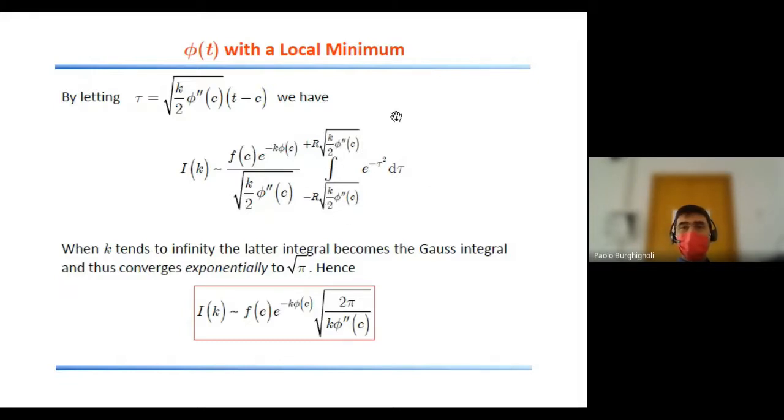And so you can replace the entire integral with the value of the Gaussian integral, which is the square root of pi. So you find the final formula of the Laplace method, in which you can see that the asymptotics is given by the value of the integrand evaluated at c times this square root that contains a fraction with 2 pi in the numerator, and in the denominator you see the large parameter k times the value of the second derivative evaluated at c.